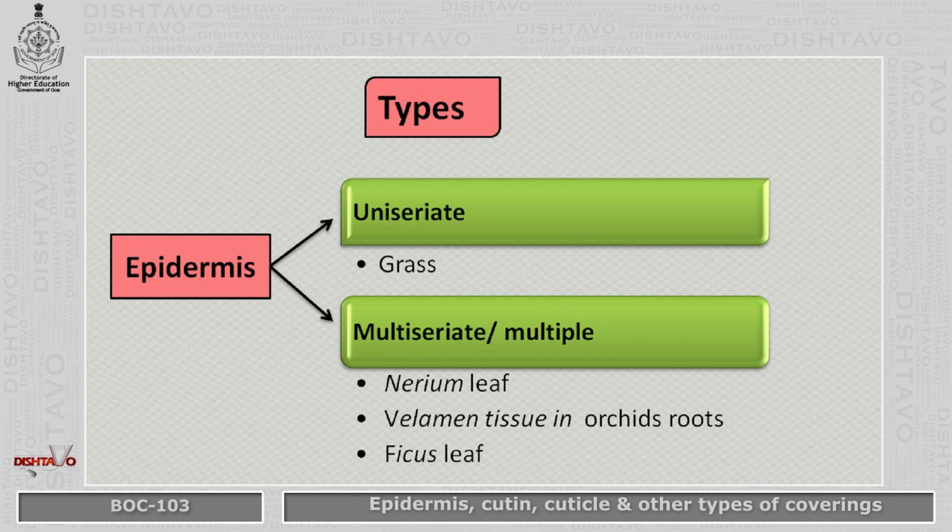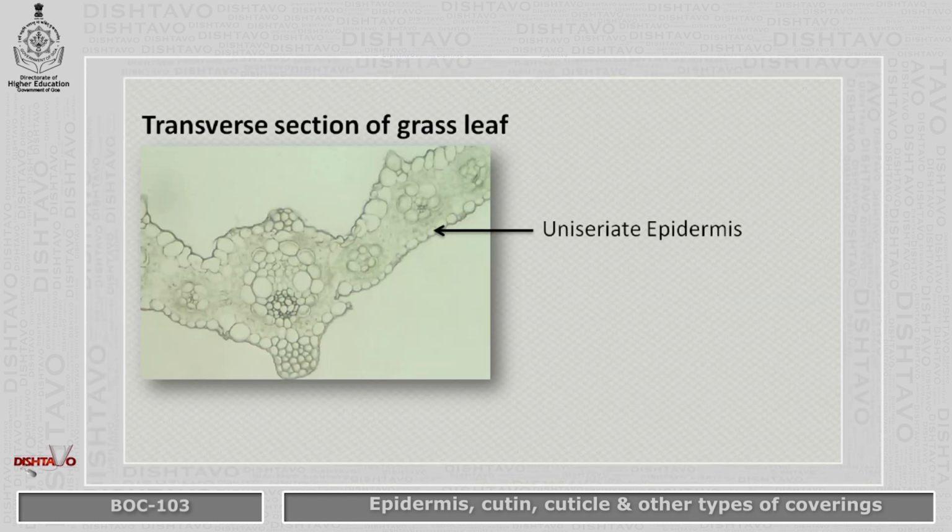That time we call it multiseriate epidermis. This condition we find in nerium leaf, velamen tissue in orchids and ficus leaf. When we come to multiple epidermis, there are specific features which I will explain later. Before that, we see the image of the uniseriate epidermis, that is single layered epidermis.